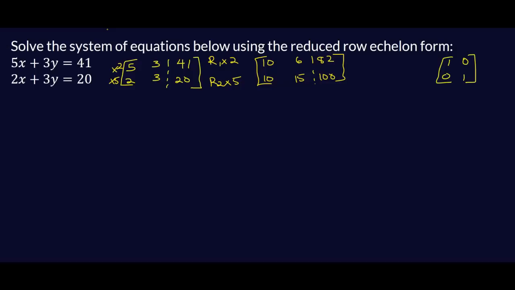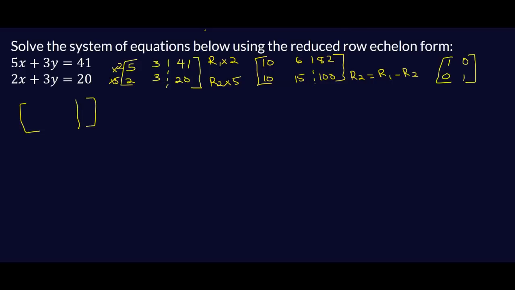Remember that the first thing we need to do is change the first column of the second row to a 0. So what we're going to do here is say row 2 is equal to row 1 minus row 2.